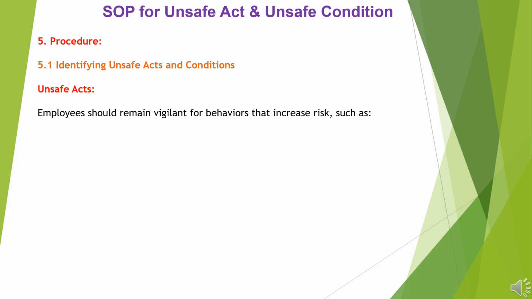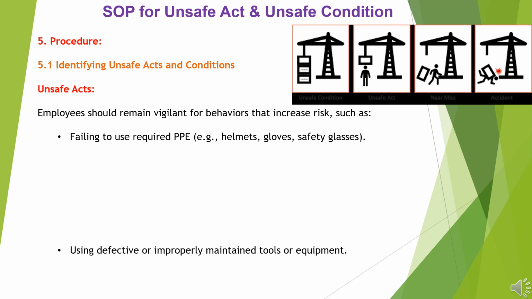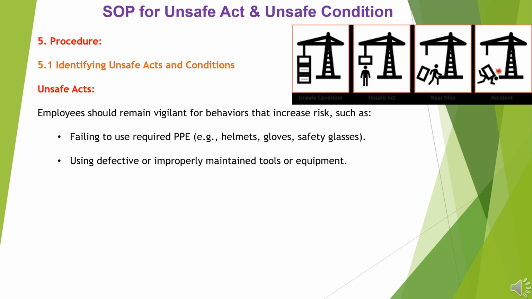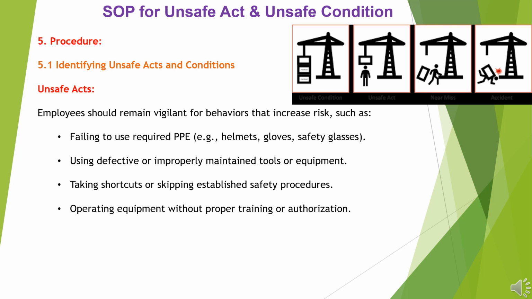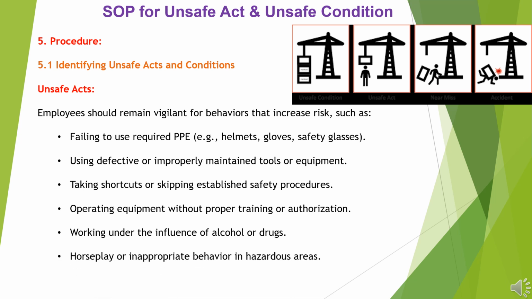Employees should remain vigilant for behaviors that increase risk, such as failing to use required PPE, e.g. helmets, gloves, safety glasses, using defective or improperly maintained tools or equipment, taking shortcuts or skipping established safety procedures, operating equipment without proper training or authorization, working under the influence of alcohol or drugs, horseplay or inappropriate behavior in hazardous areas.